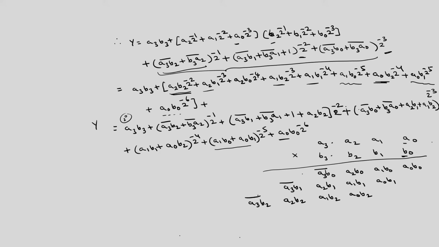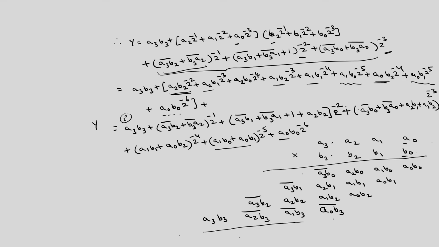With b3, because b3 is there, all complements: a0 b3 bar, a1 b3 bar, a2 b3 bar, and a3 b3, where both are sign bits, so there is no complement.